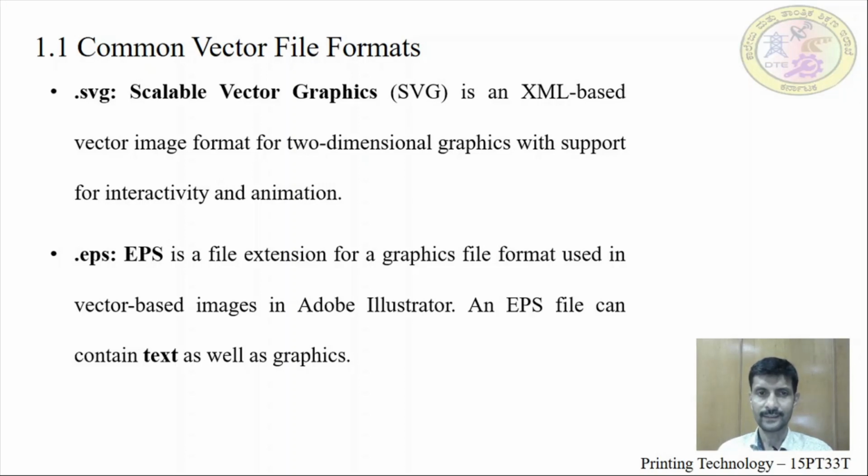Whatever we have created in Illustrator and saved as EPS can be opened and edited with other vector editing software, not bitmap software, for example CorelDRAW and Freehand. It can be opened in CorelDRAW or Freehand to edit and modify and send for further process.